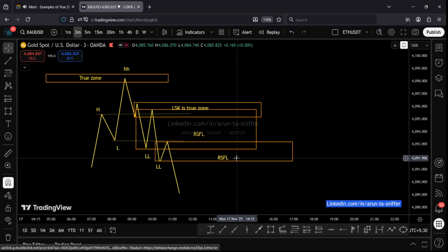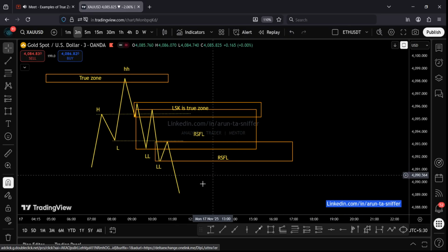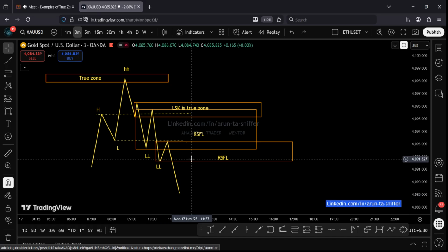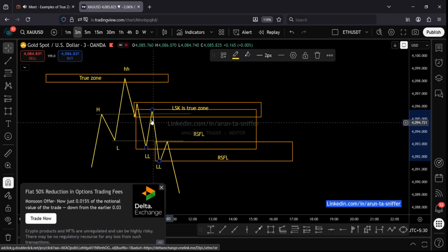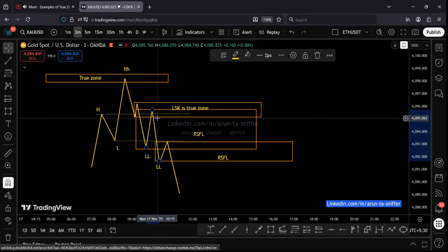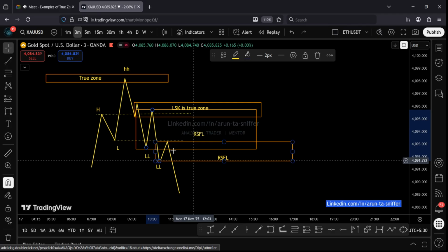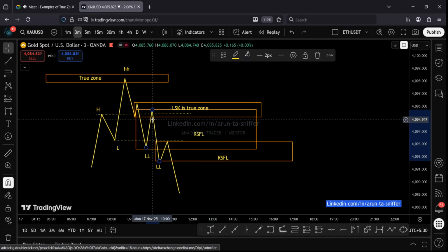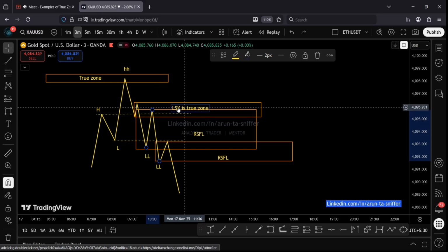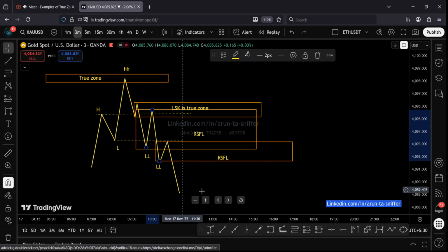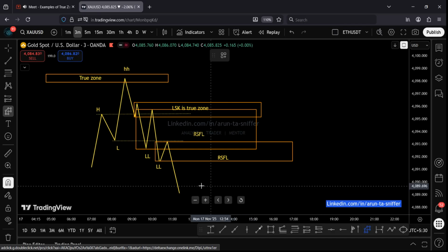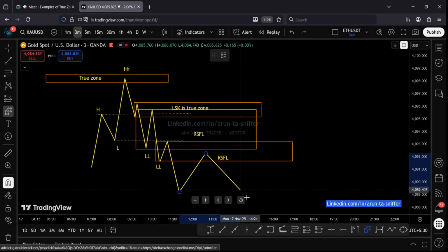For this RSFL, we will do the same. If price goes quickly back to here, and we have an engulfing pattern here, like here. Why? For this RSFL, our head is here, so here we should have an engulfing pattern. We are already hitting LSK, which is a true zone. So we just need an engulfing pattern here, and price should retrace quickly to trade this as a setup.